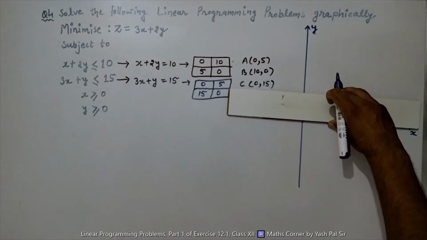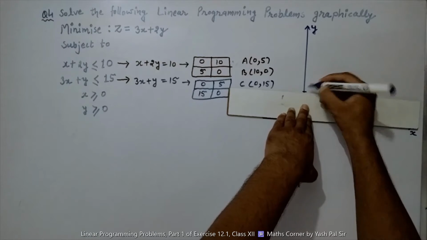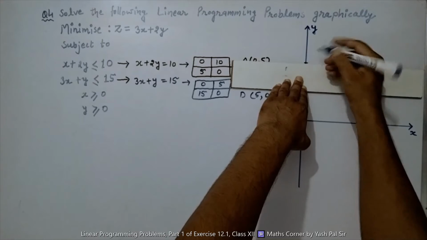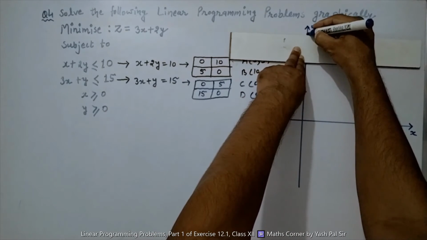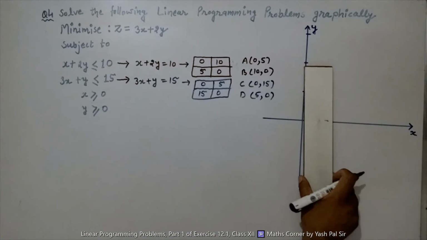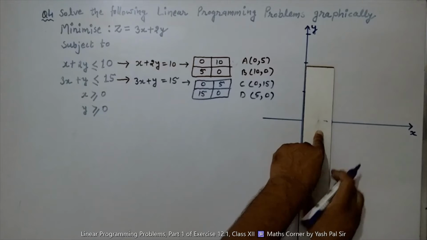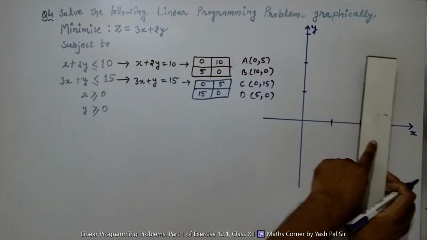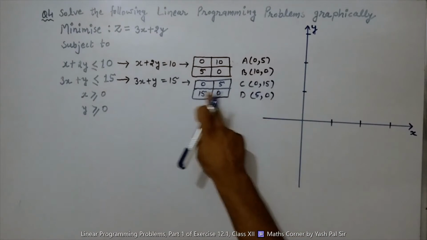We take equal lengths, one unit equal to 5: 5, 10, 15.